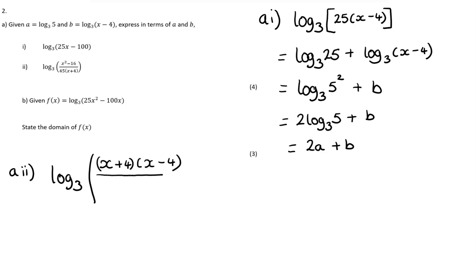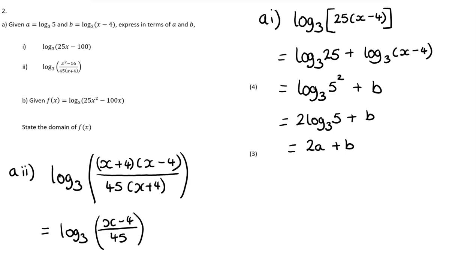It's a tool that can be very useful in a lot of problems. So writing x squared minus 16 as x plus 4 times x minus 4. And we realise that those x plus 4s are going to cancel. So we end up here with x minus 4 over 45.